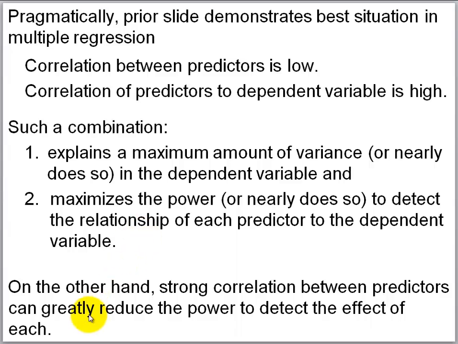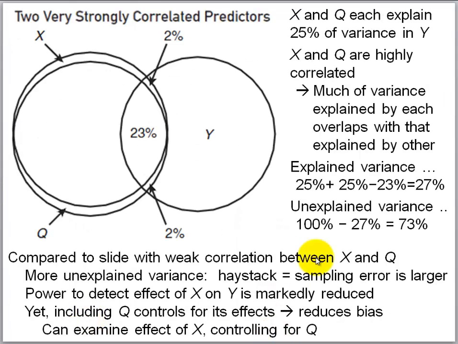Now, in some multiple regressions, you may find predictors that are very strongly correlated with one another. And such a situation almost always reduces the power to detect the unique effect of each predictor. So this Venn diagram presents a situation in which two predictors are very strongly correlated.